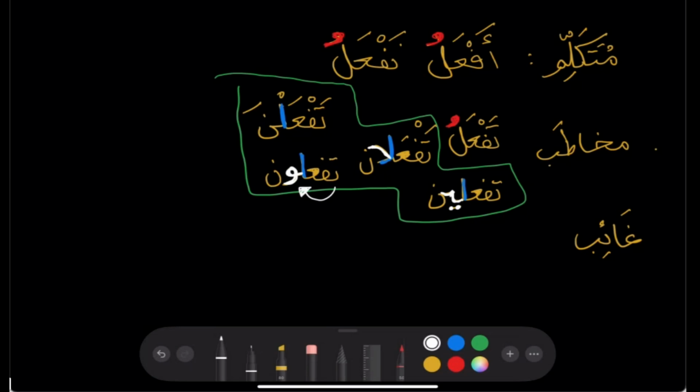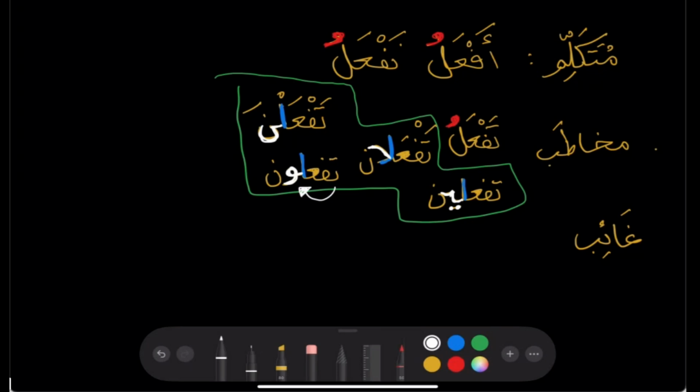Here's antum. Antum taf'alun. So the waw is a damir. And here, this noon attached. That's a damir also. And this noon means antunna. You, female. Plural. 3 females or more.